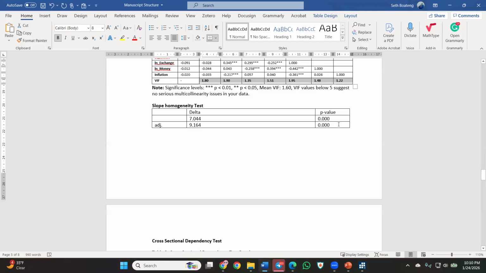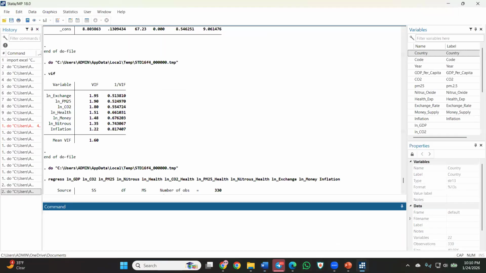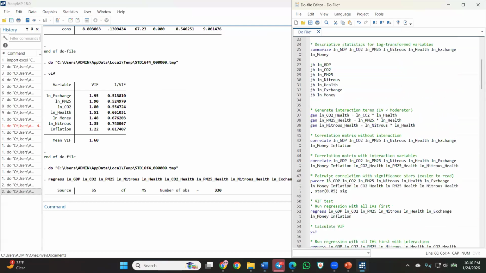The slope homogeneity test, we found 0.00. We explained how to interpret the homogeneity if it is significant, based on the null hypothesis.